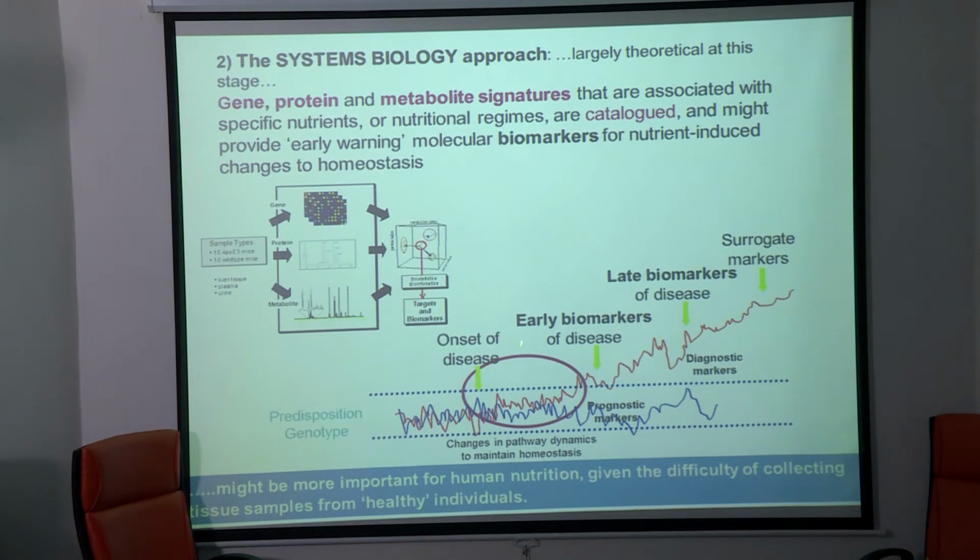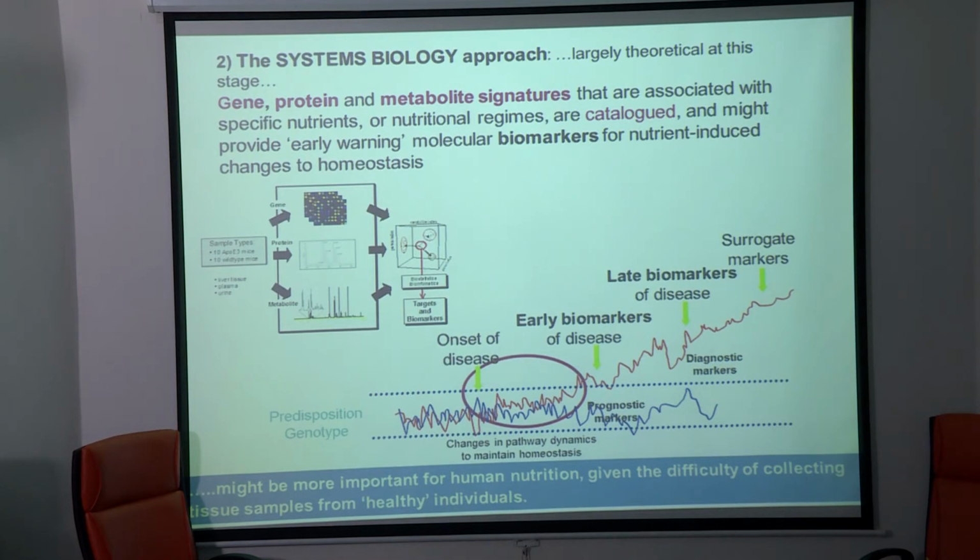You should have these early biomarkers so that they are prognostic markers, so that you can immediately say, no, this is not good for you, stop it. Or late biomarkers, which you can use in between to stop or change your diet pattern or nutritional regimes, or surrogate markers, which can be indirect markers.